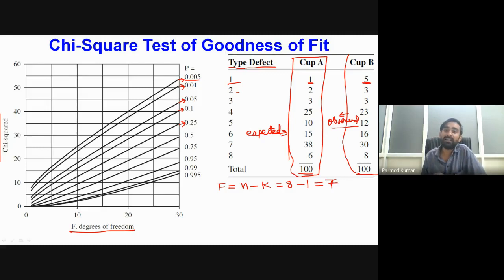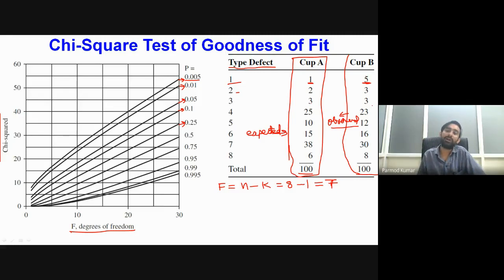But one thing, if you see, particularly for the defects of type 1, the number of cups in category A is 1, for 2 there are 2, and for 3 there are 3. Similarly for B we have 5, 3, 3.